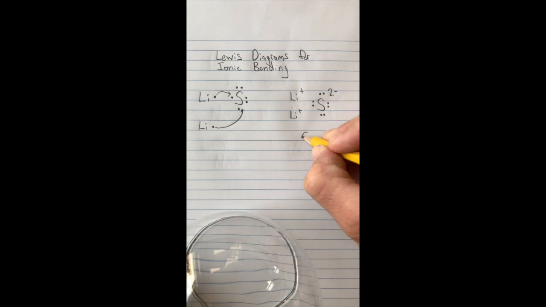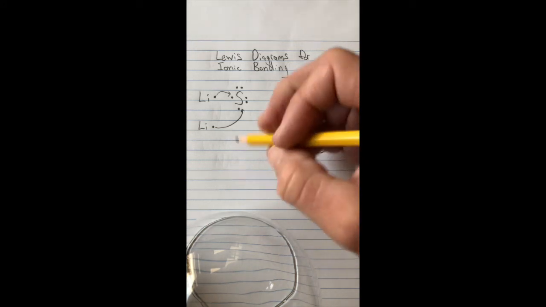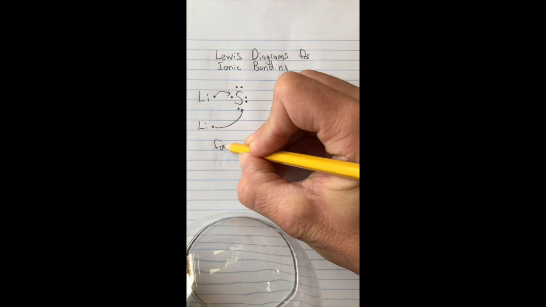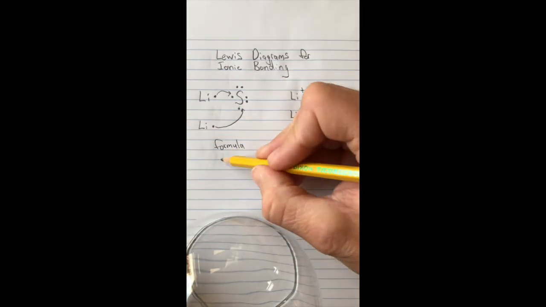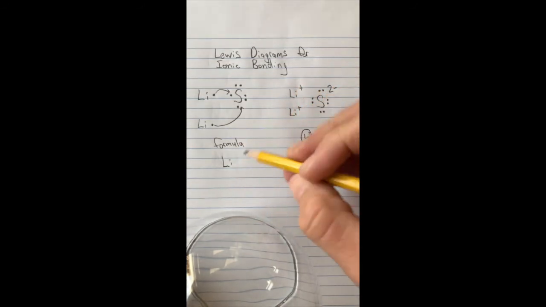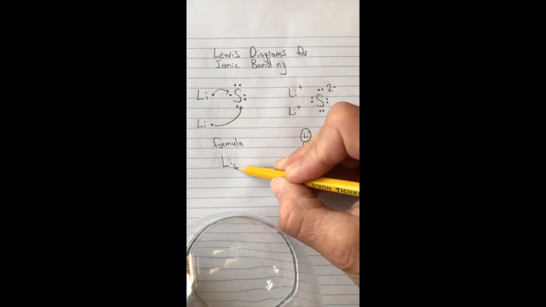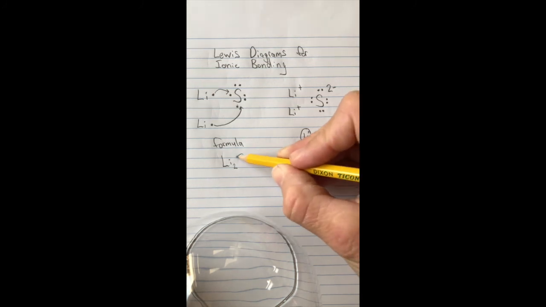So I would maybe draw lithium ion, and sulfur ion. So it's that 2-to-1 ratio. The formula is Li, there's 2 of them, so I put the 2 in the subscript, and then S. So Li2S is the formula for that one.